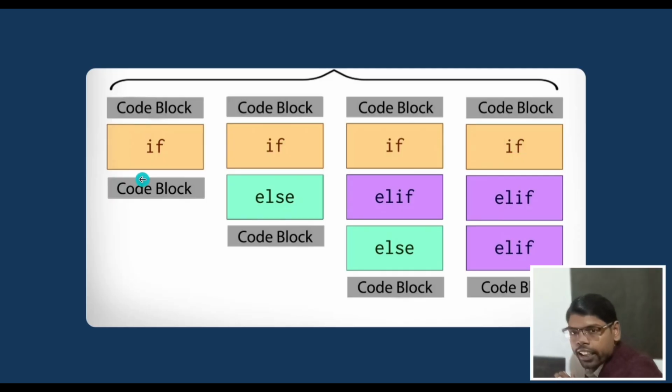If contains only the true condition, but if else contains the true condition and the false condition, and if elif else is the same, though it contains multiple conditions. Let's check an example.